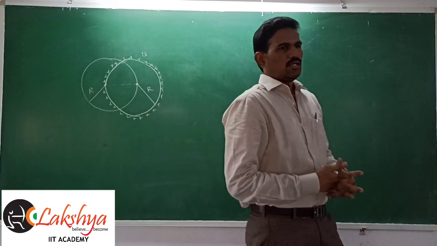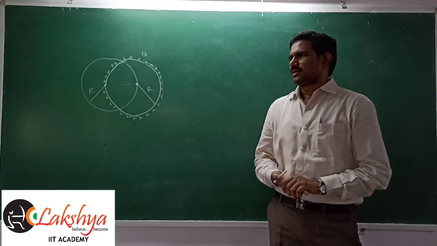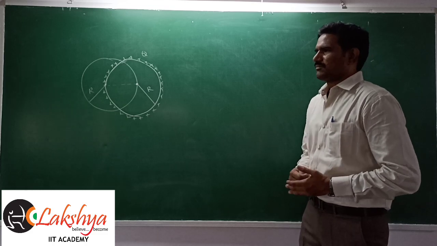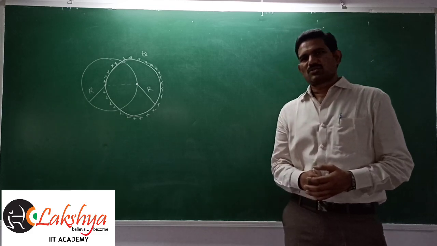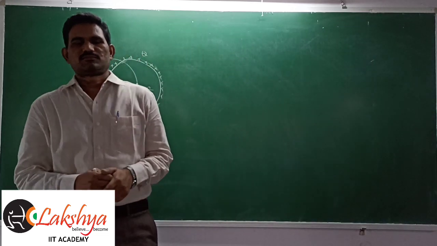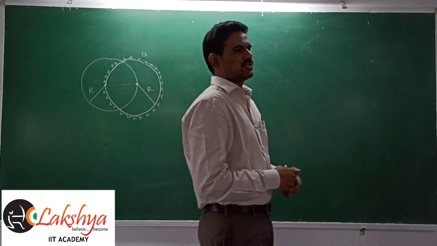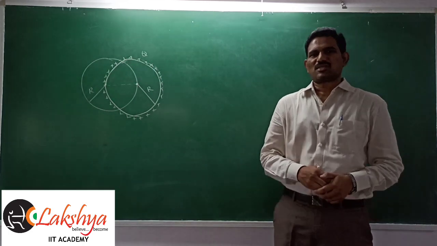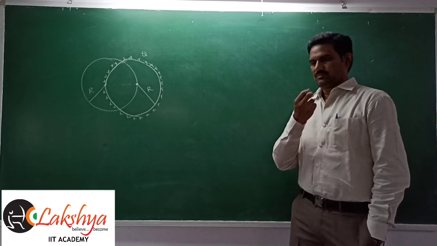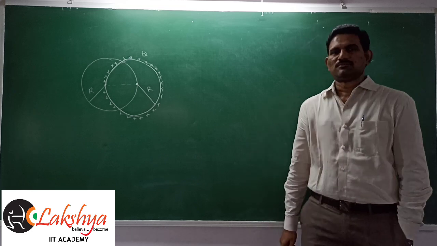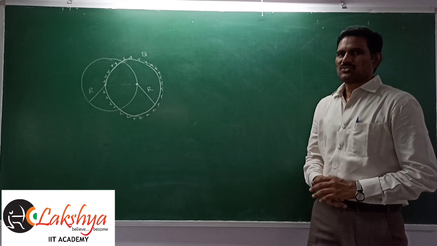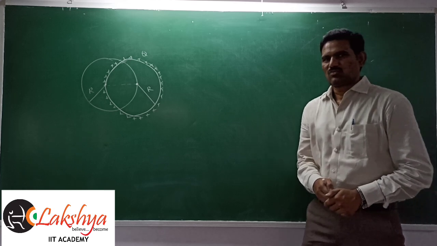This ring is assumed to be passing through the center of an imaginary sphere of the same radius r, as shown in the figure. Then what is the flux passing through the imaginary sphere?